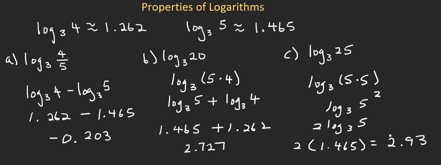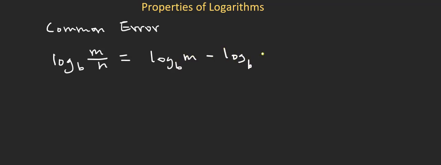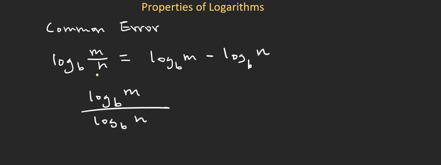I want to talk about common mistakes that students make when they use the properties of logarithms. Log base b of m over n is log base b of m minus log base b of n. But a lot of times students think this is the same thing as log base b of m over log base b of n, which is incorrect.